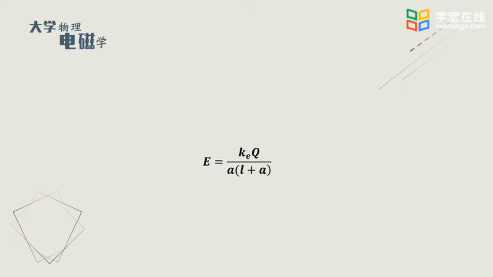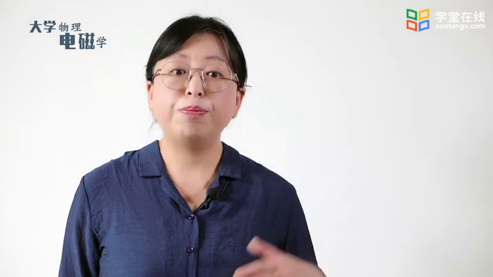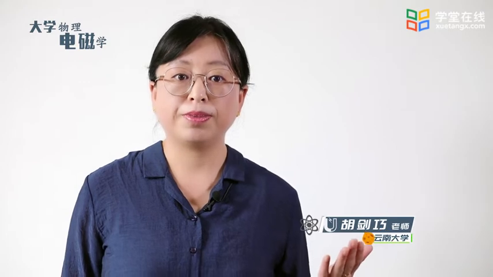If P is very far away from the rod, in other words a is much larger than L, then L in the denominator can be neglected and E reduces to this one, which is exactly the form for the field due to a point charge. It's reasonable. If point P is so far away from the rod, the shape of the rod could be neglected, so we could treat it as a point charge.